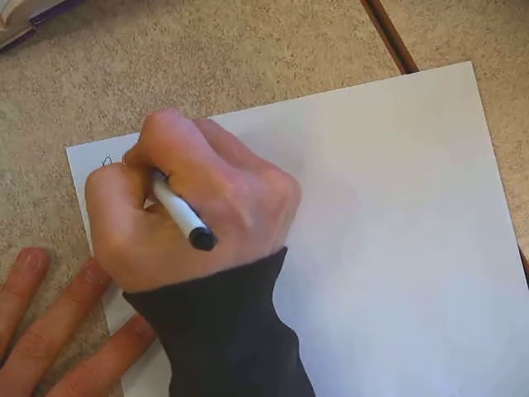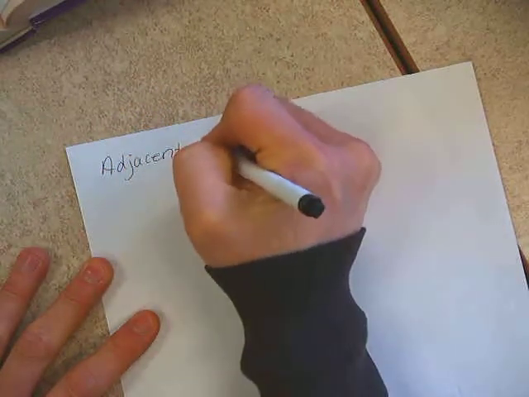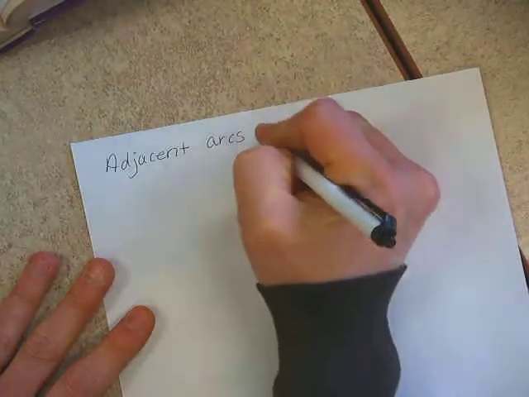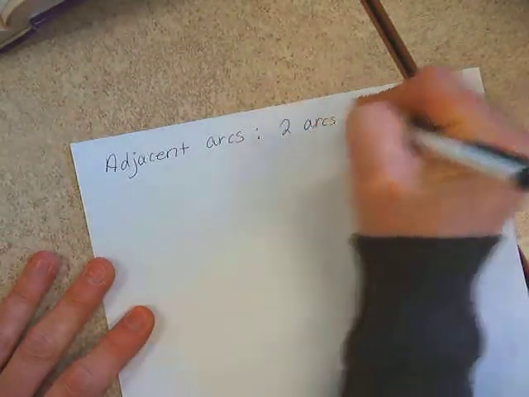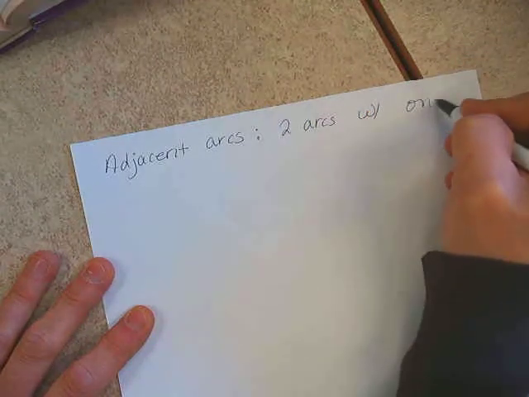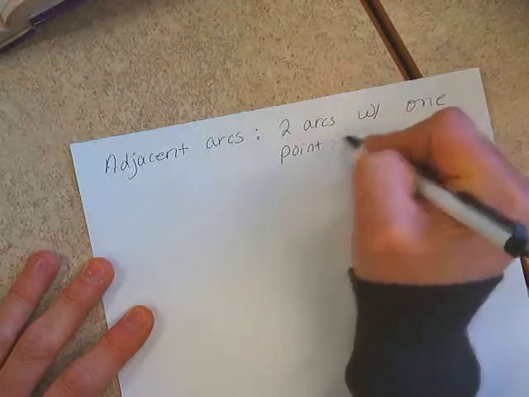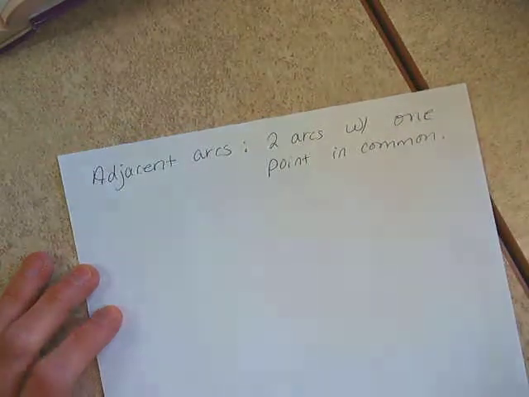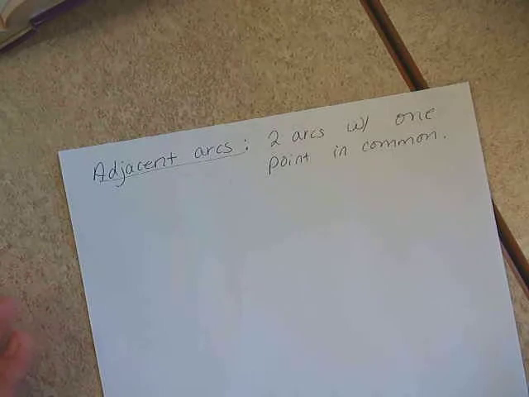Okay, there's two more small things we need to talk about. Another vocab piece. Adjacent arcs. Two arcs with one point in common.